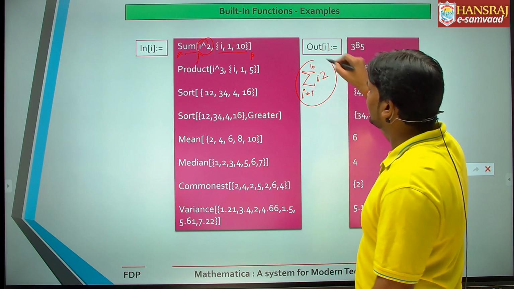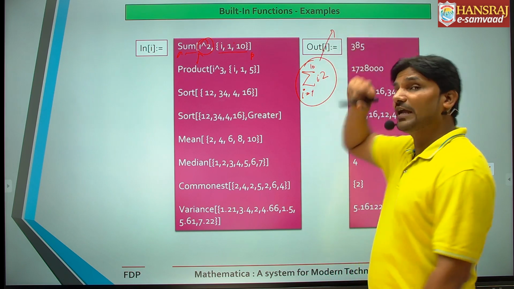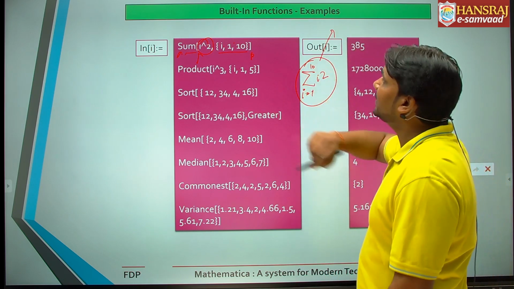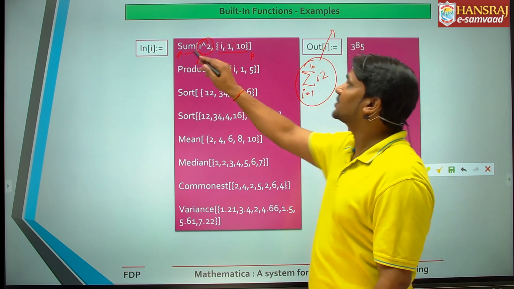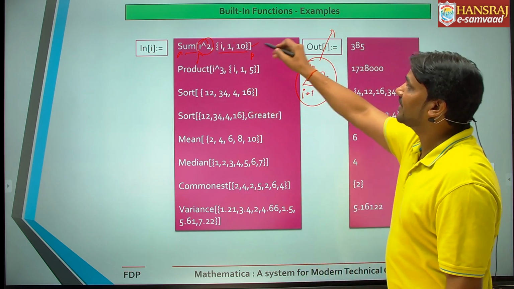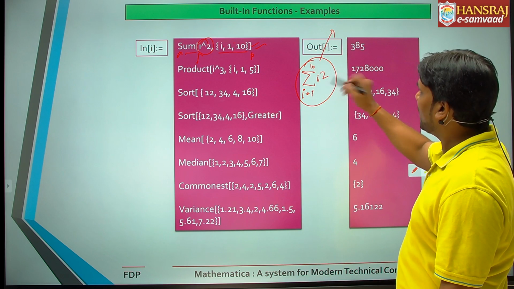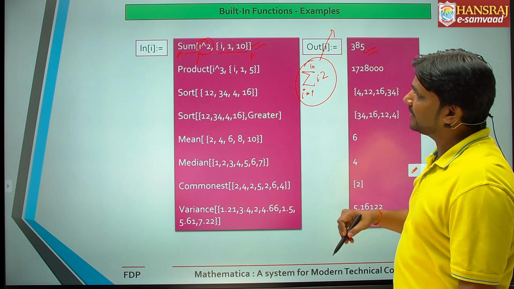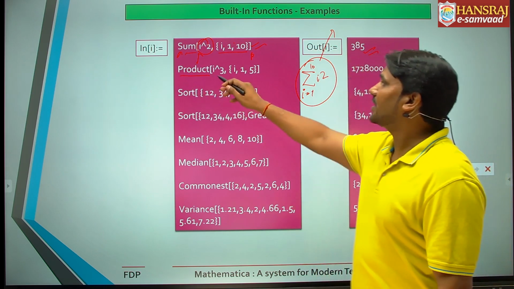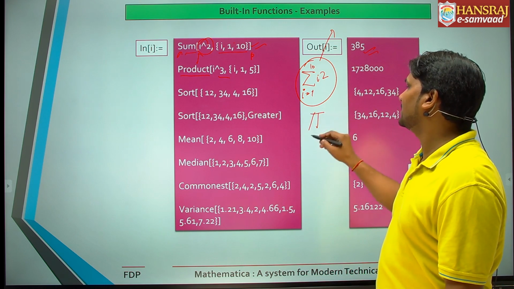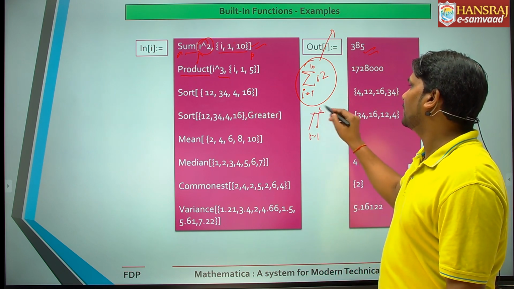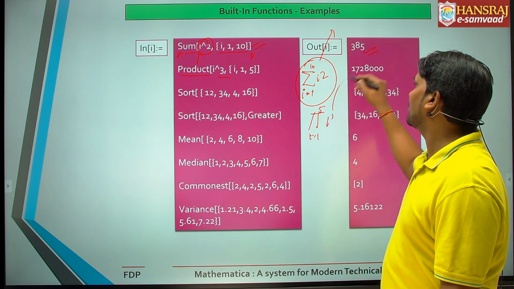If you want to write this, you can also use palettes, which I discussed at the start. That is the Mathematica command to do the same work, and your output will be 385. You can use Product also, product of i cubed, i equals 1 to 5, and your output will be like this.